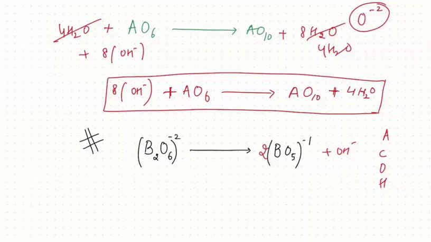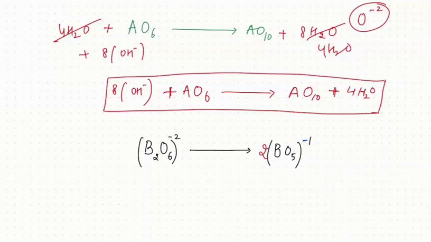Did you understand? Yes. On the left hand side, I think we can add 10 OH. So this is going to be 2BO5 -1. This is going to be B2O6 -2.